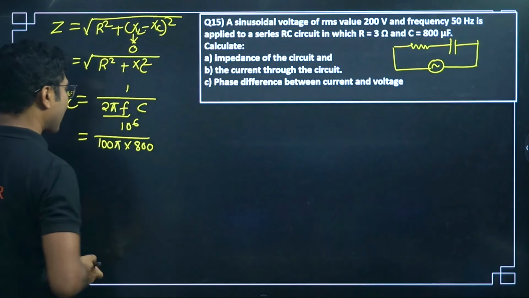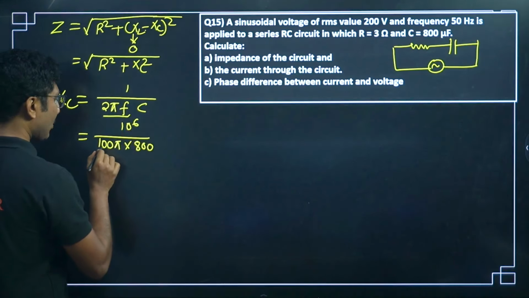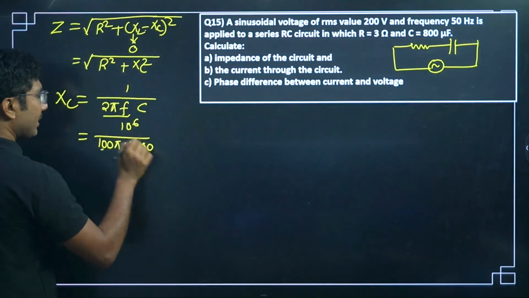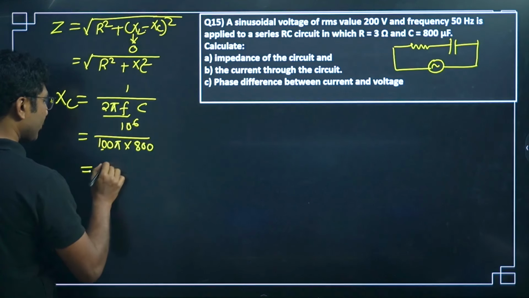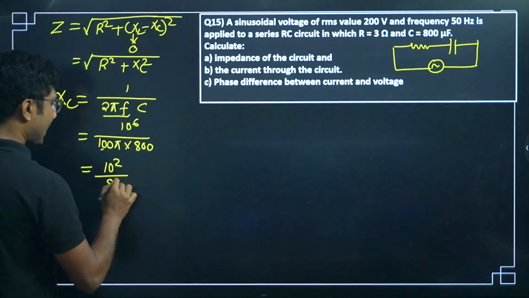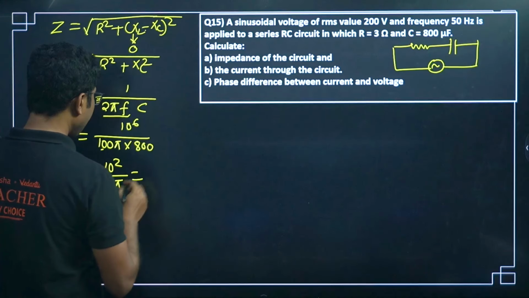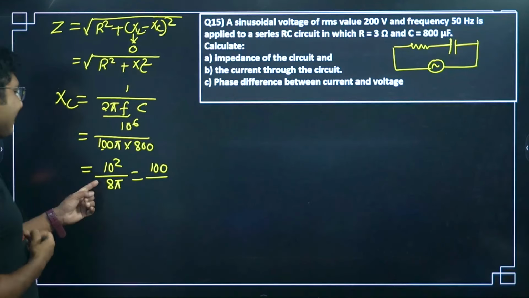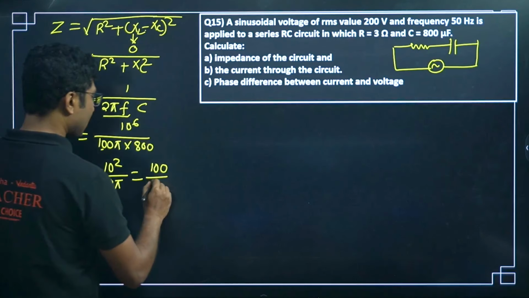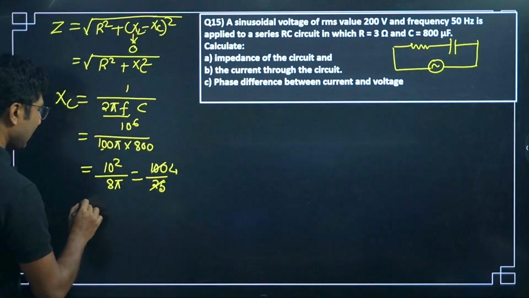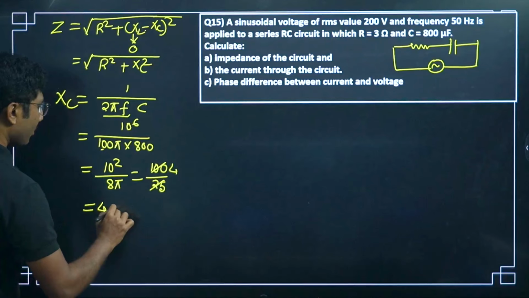I try to avoid one step, that is why I have written it like this. Now, 4 zeros in the denominator, 6 zeros in the numerator. So, only 2 zeros will be left and we will be left with 8 pi. So, it will be 100 divided by 3 8s are 24, approximately 25. You can check that, it will be very close to 4 ohm.